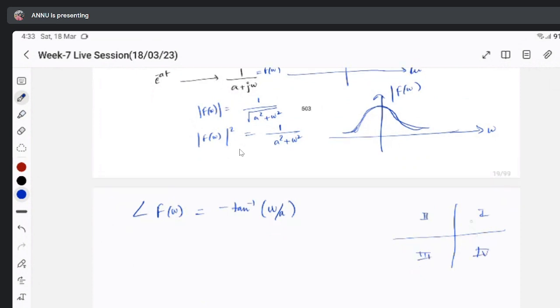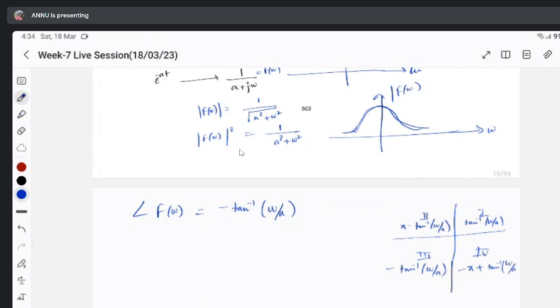So here you will have positive, then definitely not directly tan inverse omega by a. Here you will have pi minus tan inverse omega by a. Here we'll have minus tan inverse omega by a, and here it will be minus pi plus tan inverse omega by a.